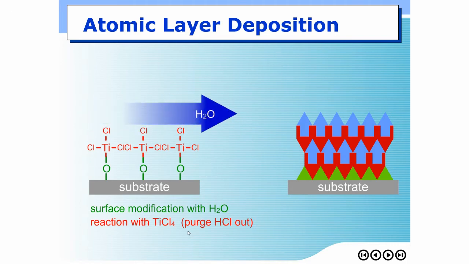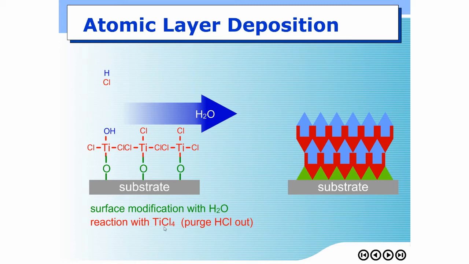Alright, so then you can change titanium tetrachloride to water. That would be our reagent or reaction B. Okay, once you have water, hydrogen here and chlorine here would form hydrochloric acid, and eventually the chloride groups will be replaced by hydroxyl groups.